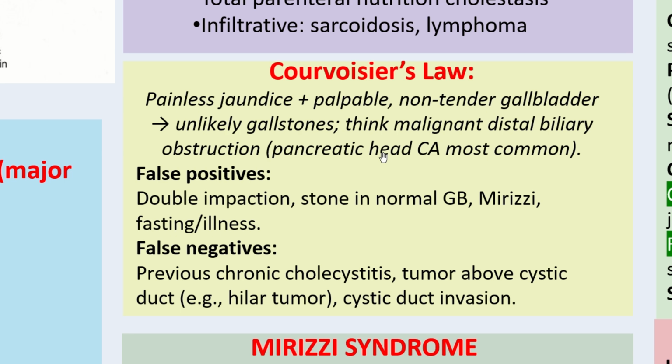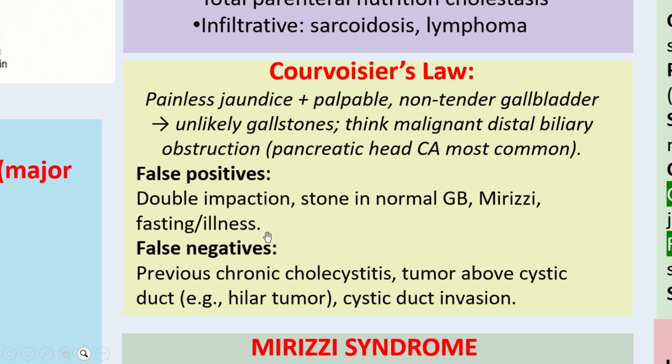Also, remember the law relies on the gallbladder having undergone fibrosis due to chronic cholelithiasis. So if that gallbladder is normal and then we have a stone lodging, it's going to expand, and we could have a palpable non-tender gallbladder. Then with Mirizzi syndrome, where the stone is located within the gallbladder but compressing on the lumen of the common duct, we can also have a false positive, and you may think it's malignancy.